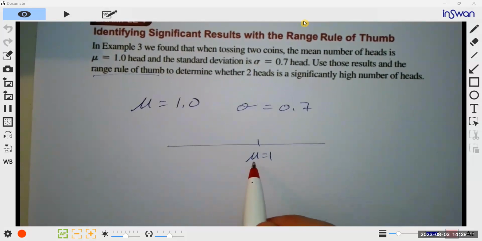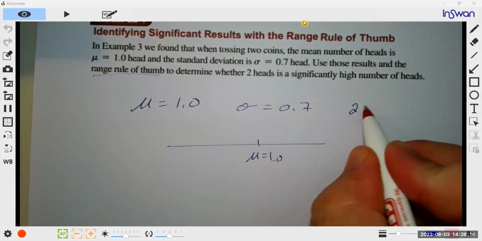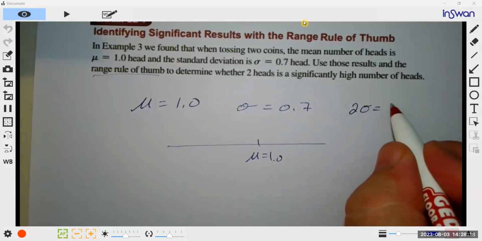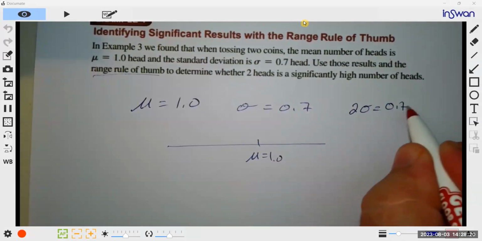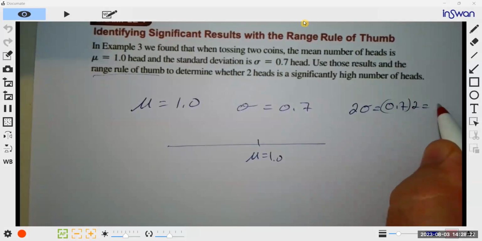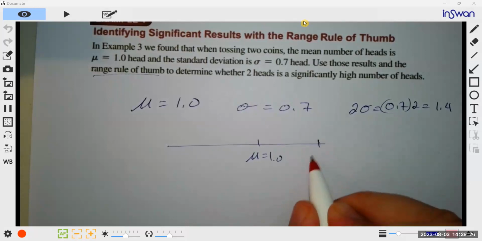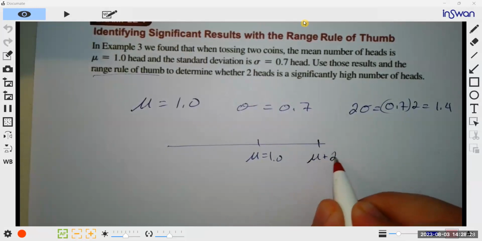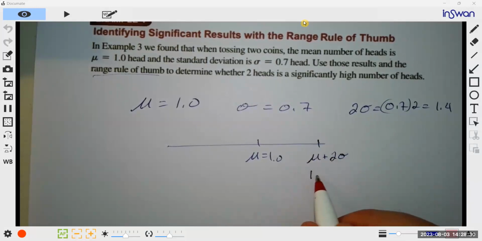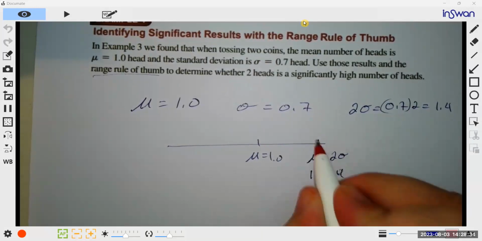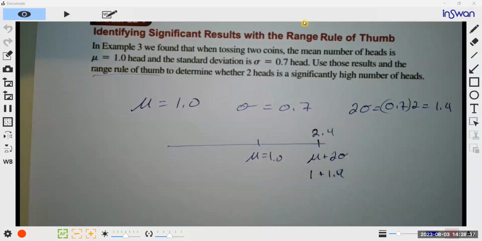So our mean is 1.0. 2 standard deviations is 0.7 times 2, which is 1.4. So mu plus 2 standard deviations, which is 1 plus 1.4, equals 2.4.